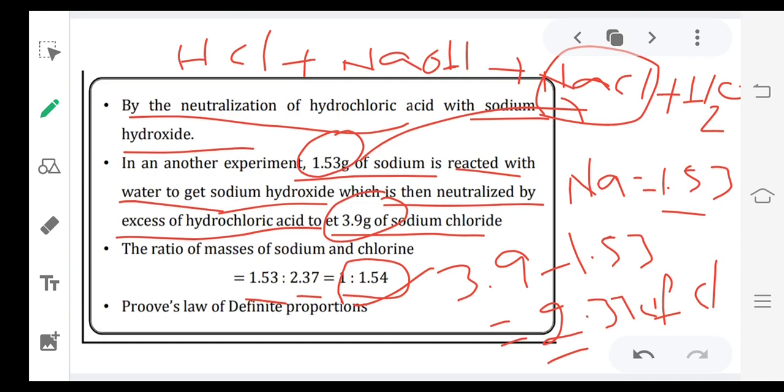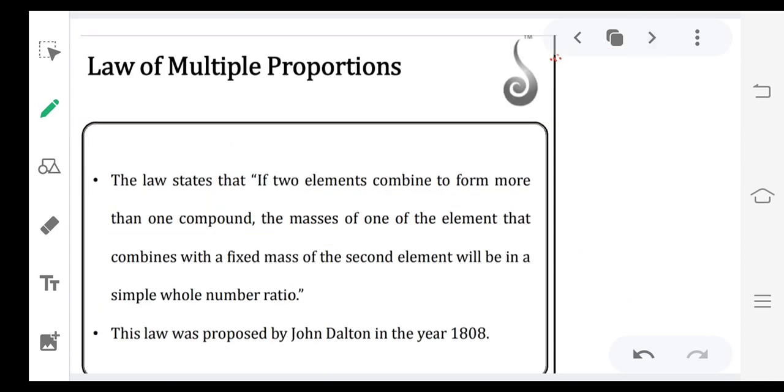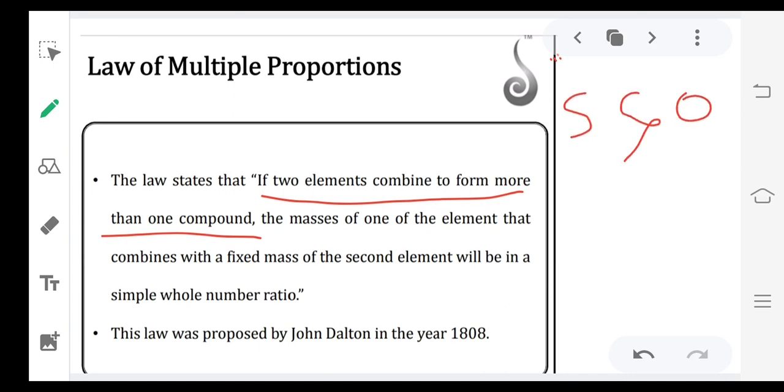Next, we'll go for the next law, that is the law of multiple proportions. What is the law of multiple proportions? If two elements combine to form more than one compound, for example sulfur and oxygen, two elements combining to form more than one compound, suppose SO2, sulfur dioxide, and SO3, sulfur trioxide.